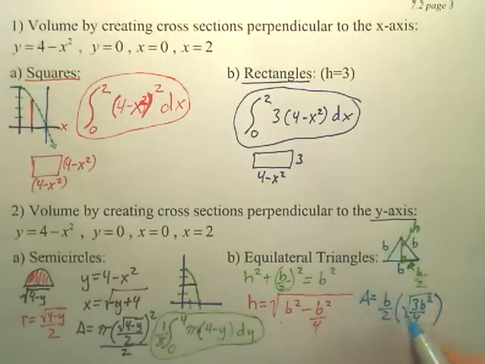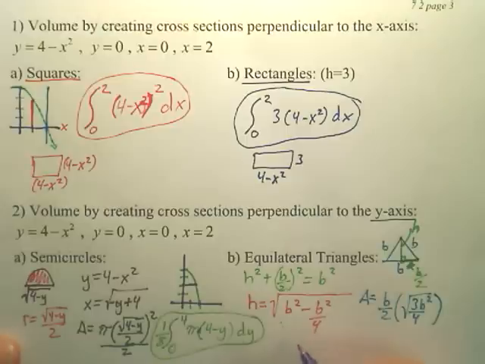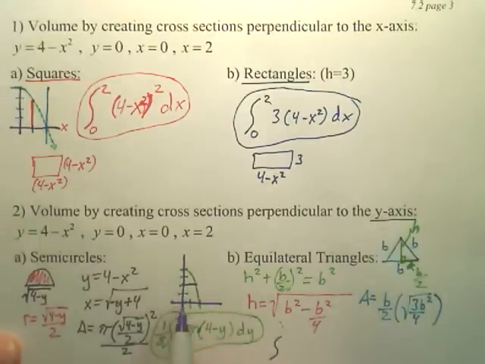Now, don't we now set an integral for this area? If we have the area of the triangle, now we're going to set up an integral to add up those areas, all in terms of b. And our integral, remember, the bases are along the y-axis, so this is going from 0 to 4.